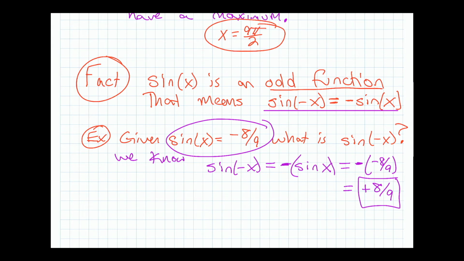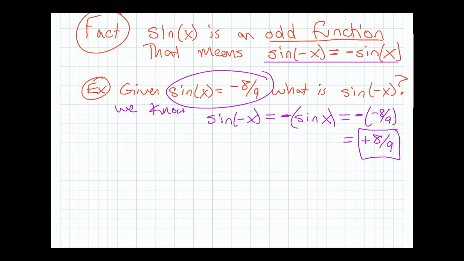Because what you're saying is this. I'll draw a little picture just to illustrate the idea. So if sine x is negative 8 over 9, that means you've got a piece of the graph here, and then maybe this is where x is, so that when you come down here, it's at negative 8 over 9. Well, what does that look like on the other side? If you graph it, it's kind of the mirror image.